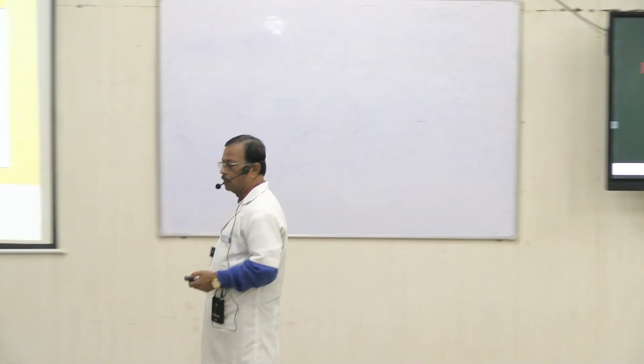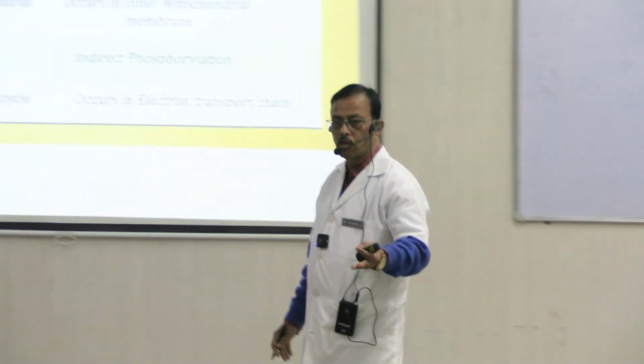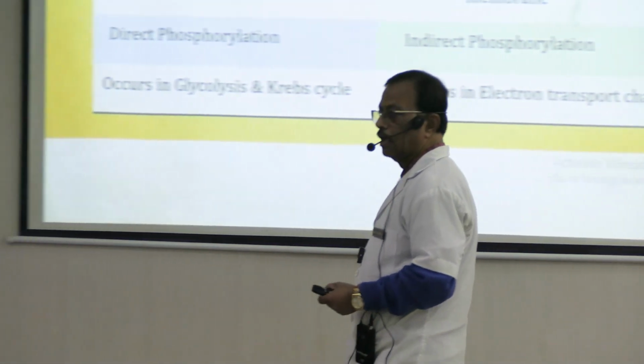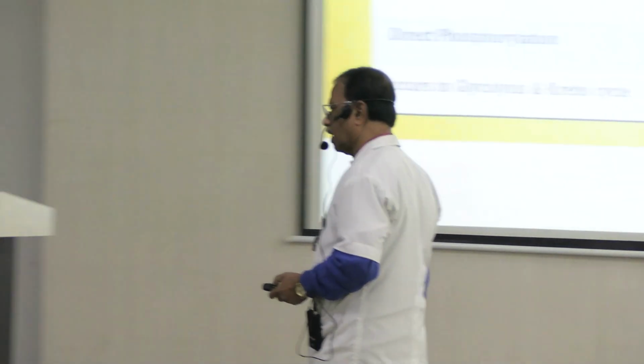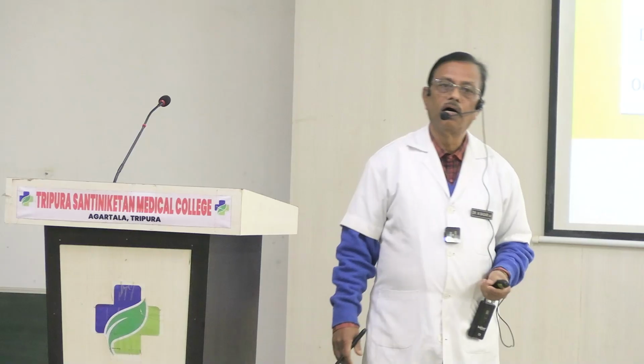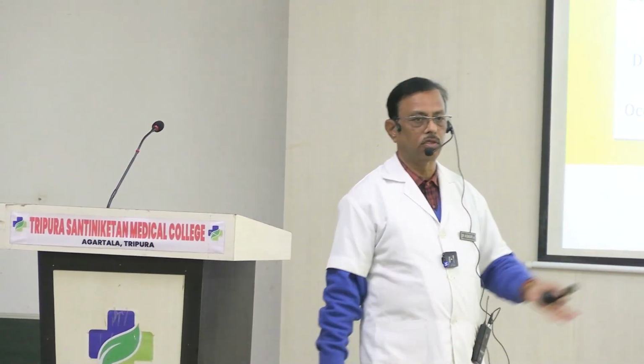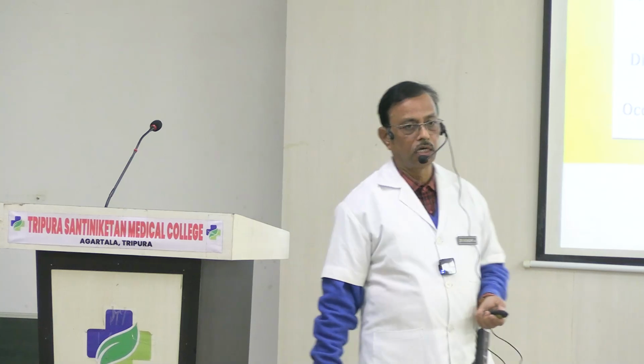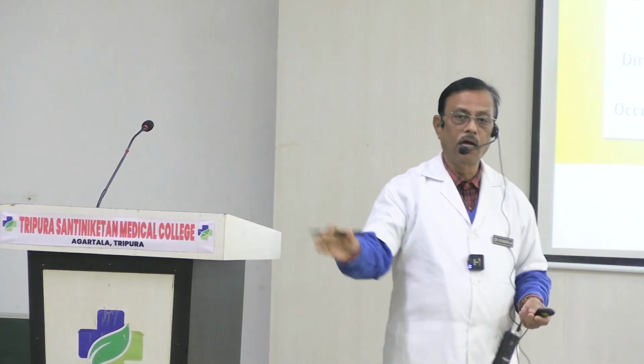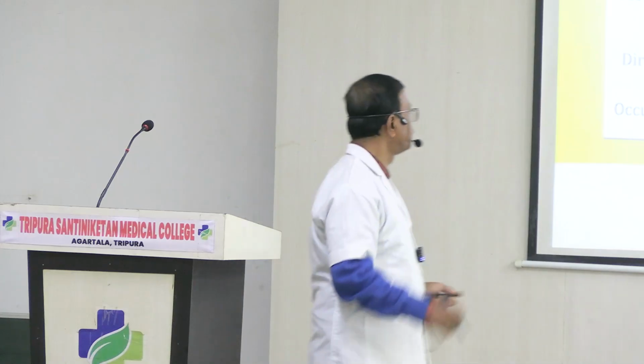So, in case of glycolysis, it is in cytosol. In case of TCA cycle, tricarboxylic acid cycle or Krebs cycle, it is in the mitochondrial matrix. So, both in mitochondrial matrix as well as cytosol, this substrate level phosphorylation occurs. Synthesis occurs directly from the metabolic pathway to the ATP.